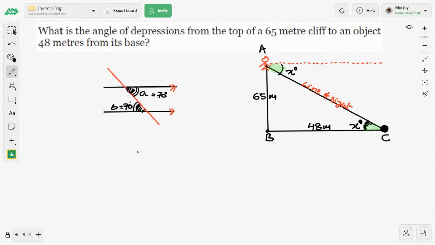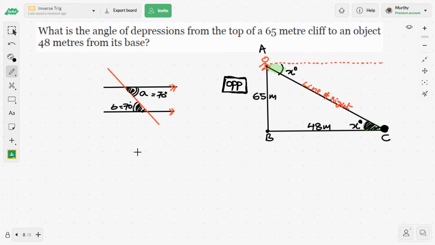Okay, so now you are asked to find the value of x. I see that AB is the opposite side to the reference angle x. So this is the opposite side, and we know the BC value.